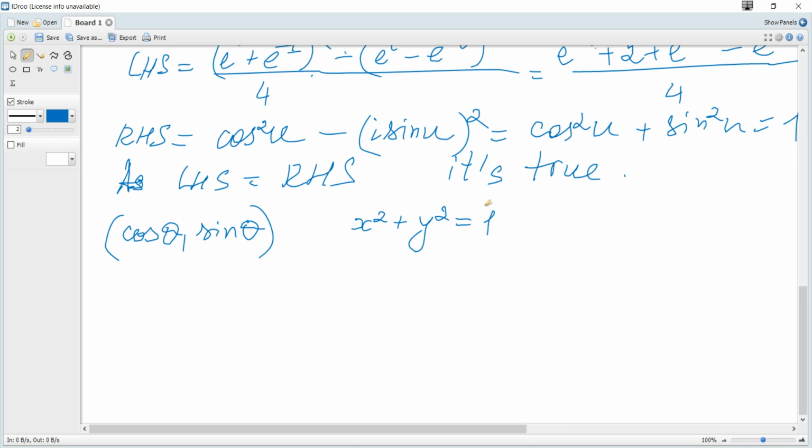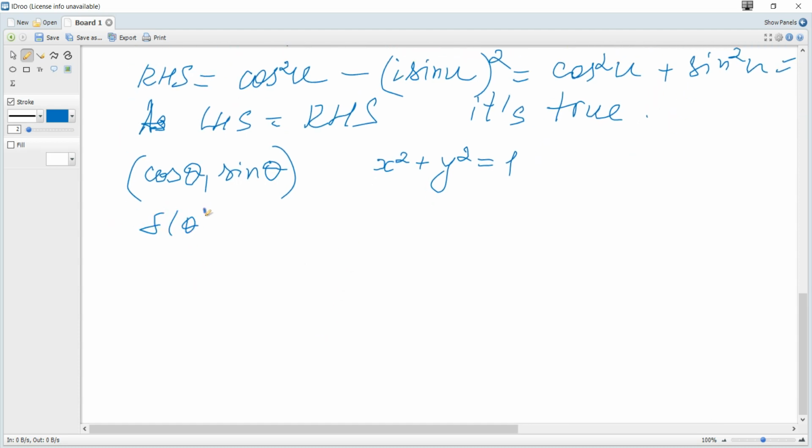The functions f of x and g of x are known as hyperbolic functions, as the general point f of theta and g of theta defines points on a curve known as a hyperbola with equation x squared minus y squared is 1. This hyperbola has two asymptotes.